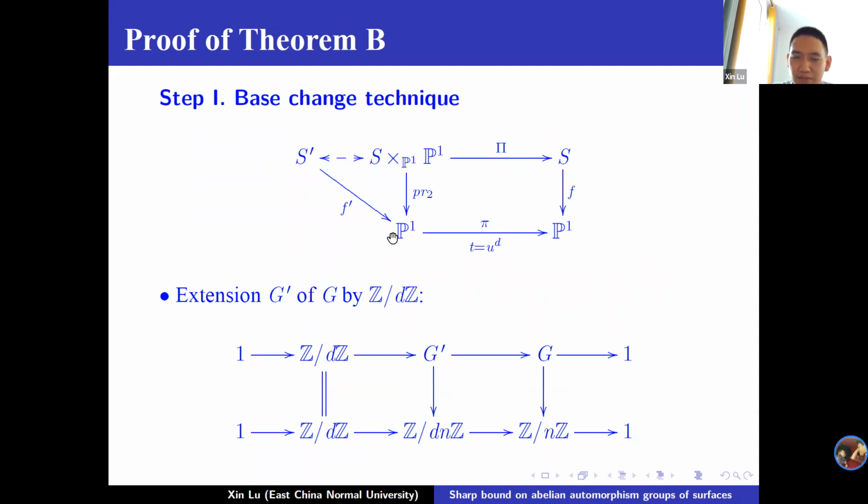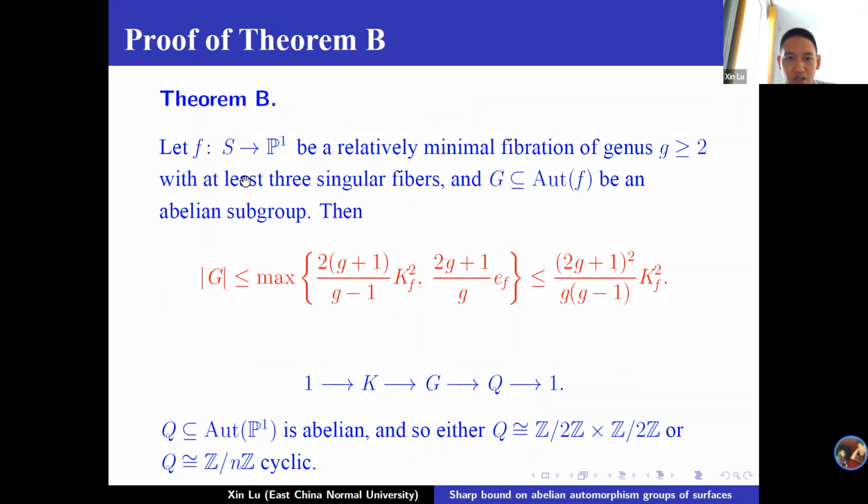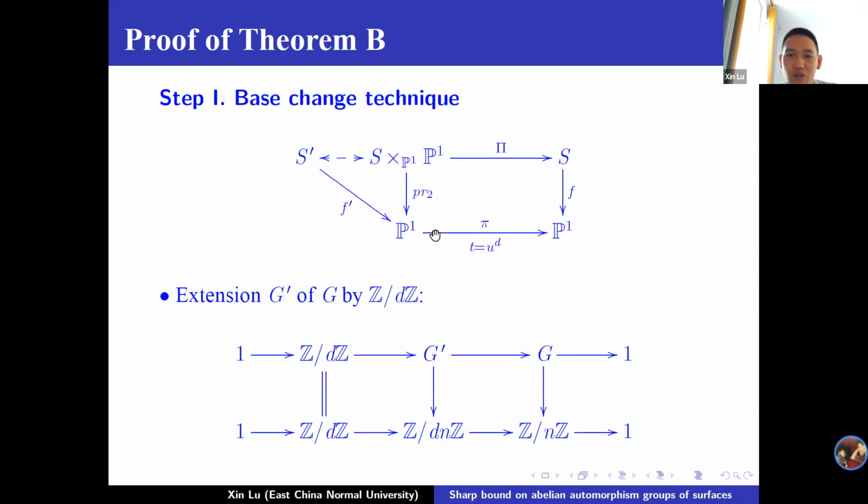This is a base change which is ramified over these 2 fixed points of Q on P1. I just write these 2 fixed points as 0 and infinity, and then we can do such a base change.